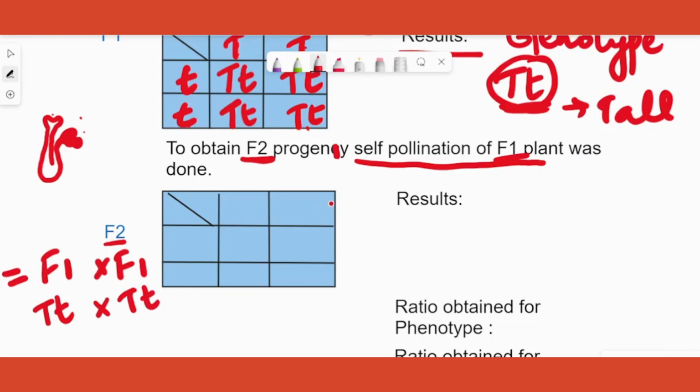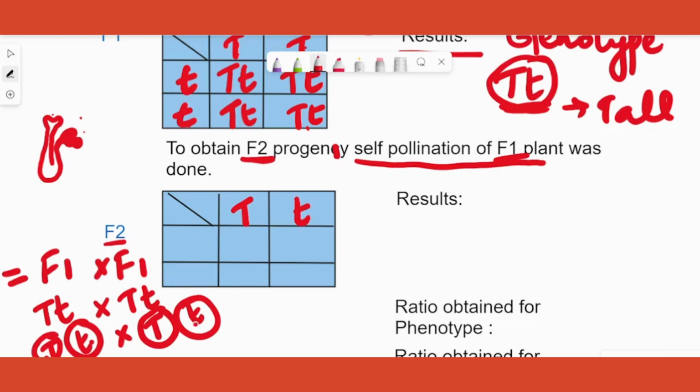So before filling it over here, let's make gametes for this one. Gamete number 1, gamete number 2. The other one also, same thing, because F1 is crossed with its own kind. So now we are going to fill this T over here, this T over here, this over here, and this one over here. Now let's cross.